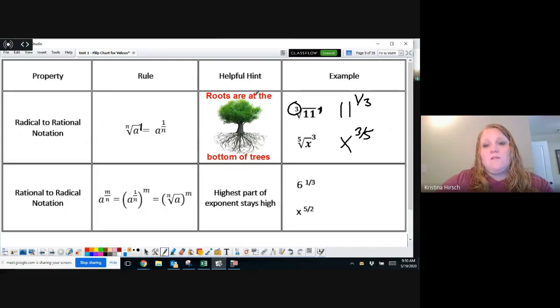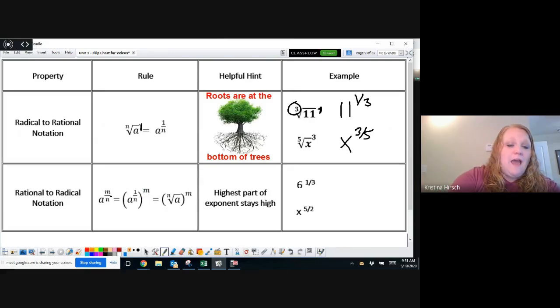But we're still going to use the hint that roots are at the bottom of trees. Here they separate it out, which makes it a little more confusing for me. I go straight from the first example, the first piece all the way to the back, but sometimes it does help to break it apart, and we'll see that later as well.